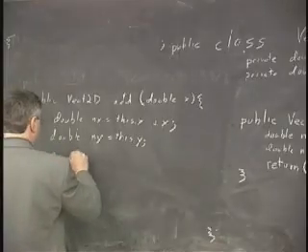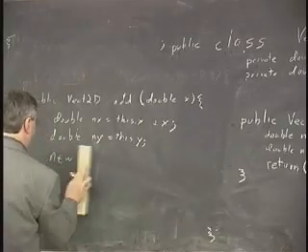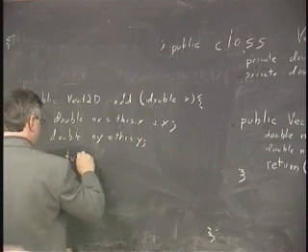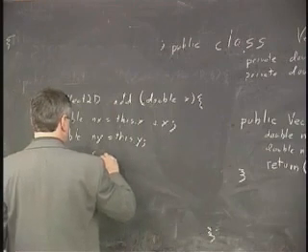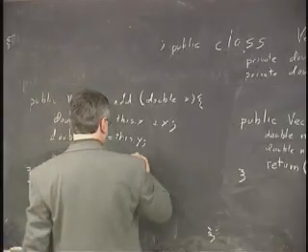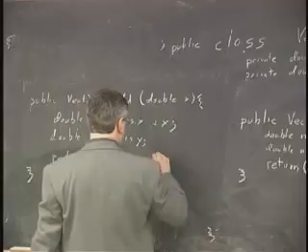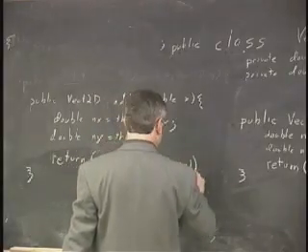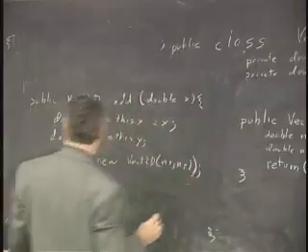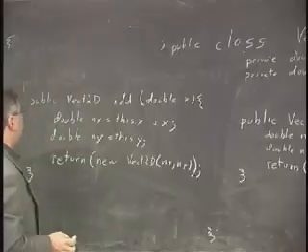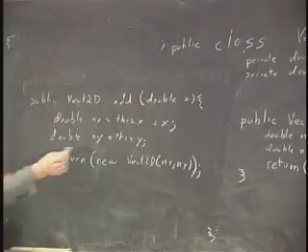And I return new, sorry, I have to have a return in there. Return new vec2d of nx and ny. Okay, so now this add method does just what I described.